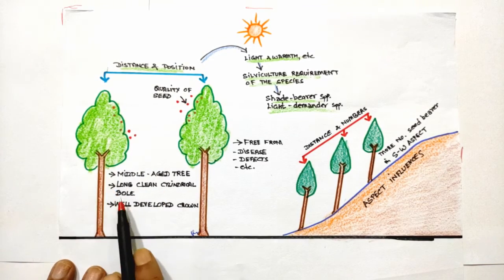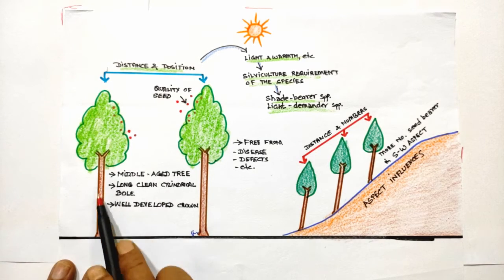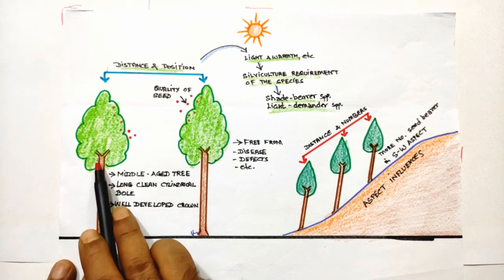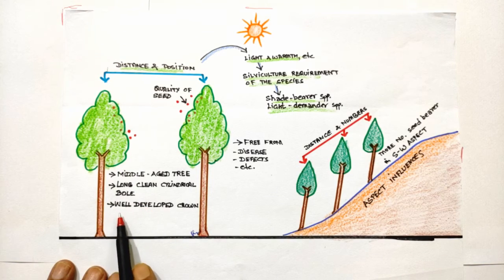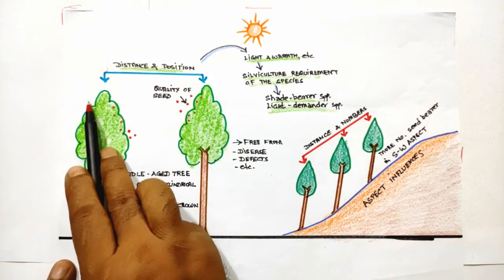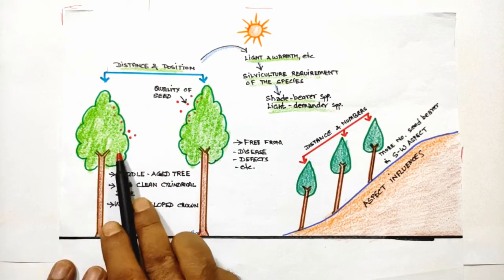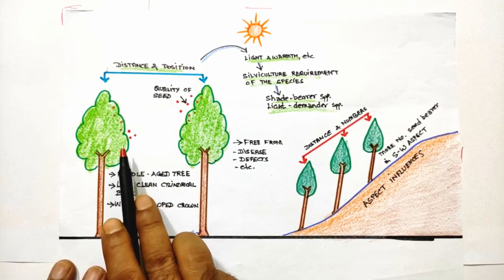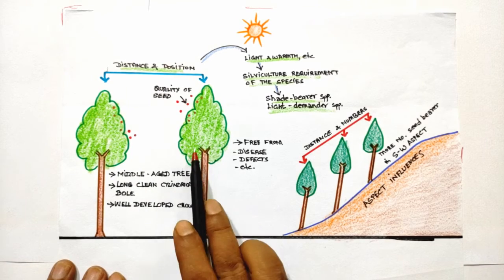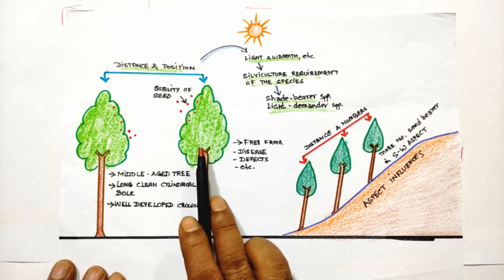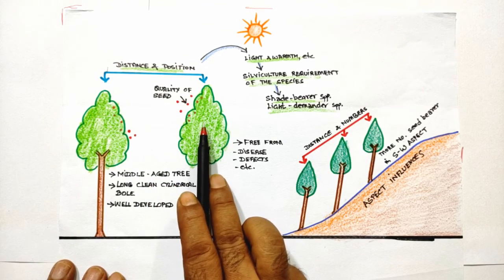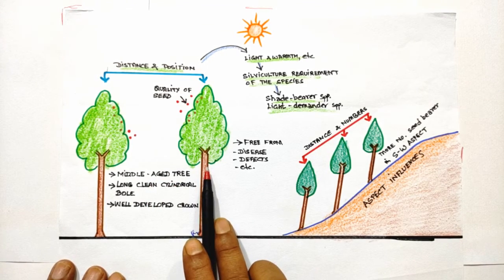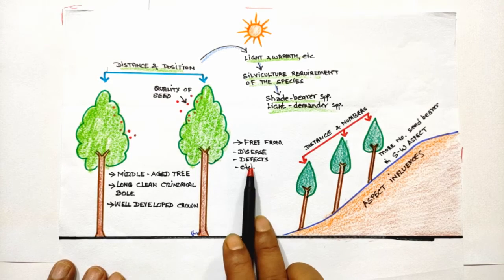The tree should have a long, clean, cylindrical bole, because a crooked tree may have a hereditary character to pass on crookedness to its offspring. It should have a well-developed crown. The more developed crown will give more seed and more vigorous seed. The quality of the seed is very important, because regeneration depends on the quality of the seed and the quality of the parent tree. It should be free from disease and defect.